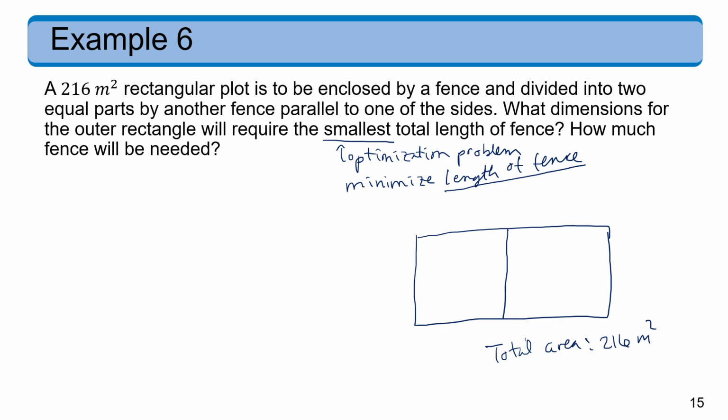So let's let x be this total length here, and then y will be this other dimension. So those are 2 of the pieces we're asked to find. What should x and y be? We could also go ahead and label these smaller pieces here would have to have length x over 2.